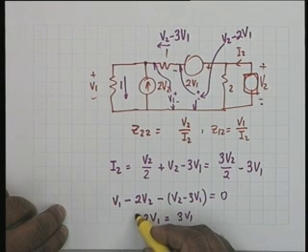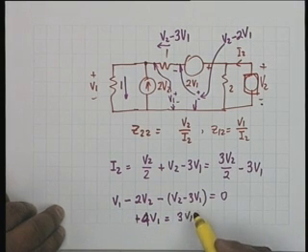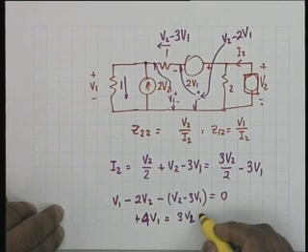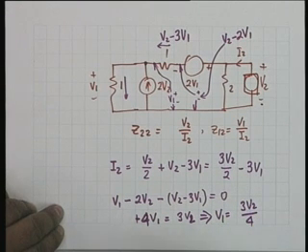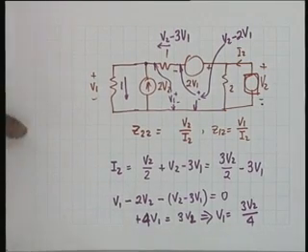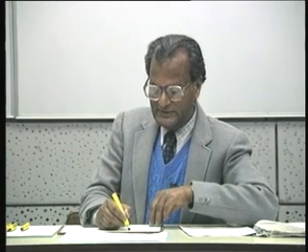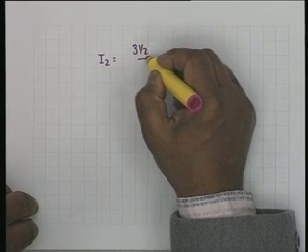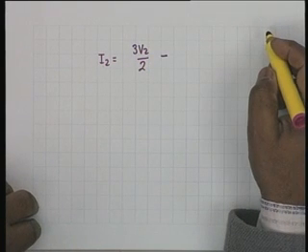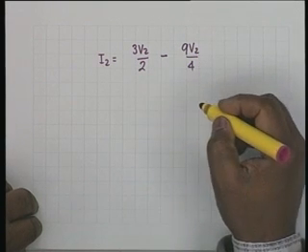This should be plus, so 4V1 equal to 3V2. Therefore, V1 equal to 3V2 divided by 4. Don't allow me to make a mistake. If I substitute this, then I get I2 equal to 3V2 by 2 minus 3V1, that is 9V2 by 4.